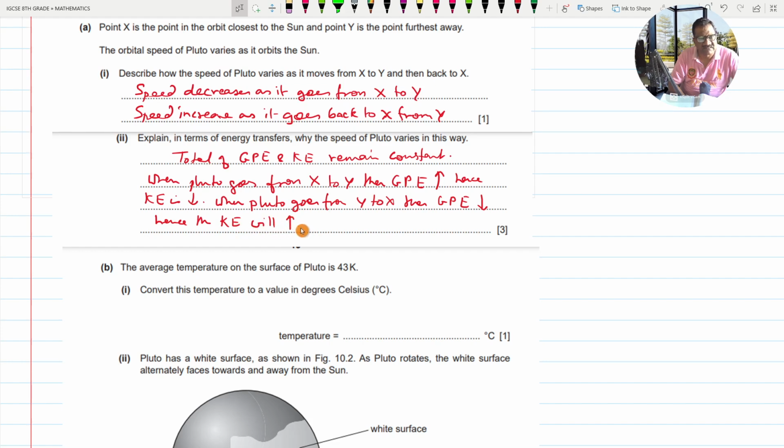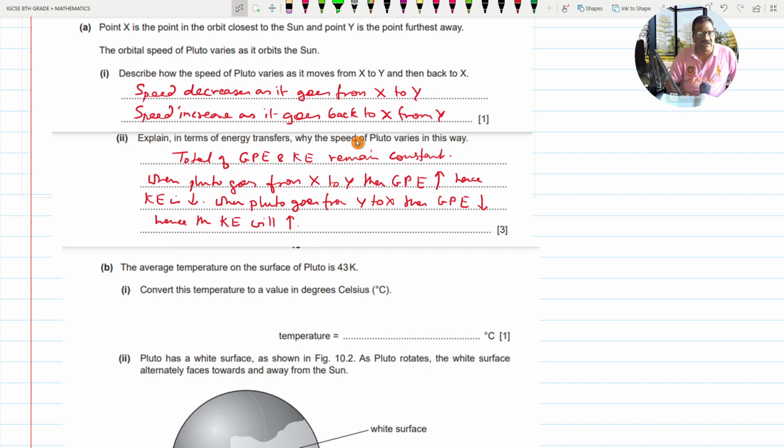Okay. So this is the reason that we said that speed decreases as it goes from x to y, and the speed increases as it goes back from y to x.